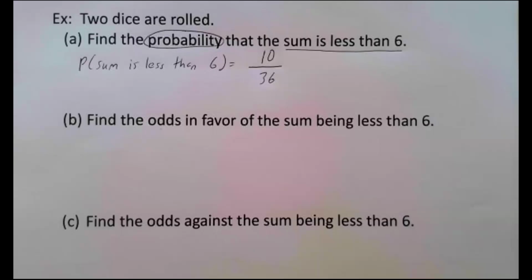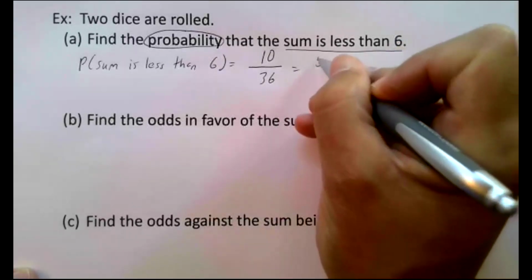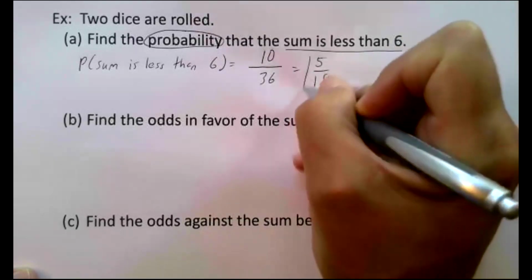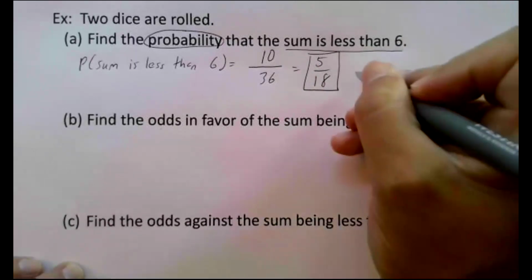There's 10 sort of upper and to the left that are adding up to something less than 6. That means 5 or less. So there's a 10 out of 36 chance that if you roll 2 dice, they're going to add up to something less than 6. You take 10 and 36 and divide them both by 2, or make your calculator reduce, like I talked about earlier, and you get 5 over 18. If you put 5 over 18 in your calculator and round off, .2778 is what you should get.